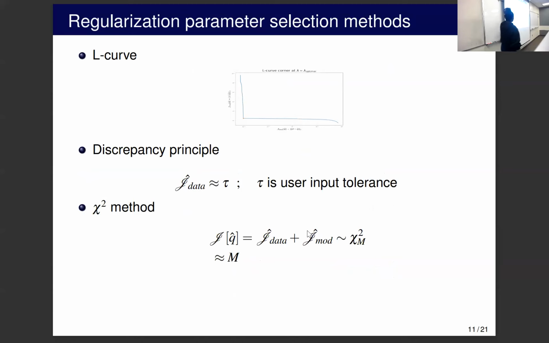The beauty with using representer methods is that we don't need new expressions to find J data and J mod, as those can be expressed in matrix form, as we shall see.